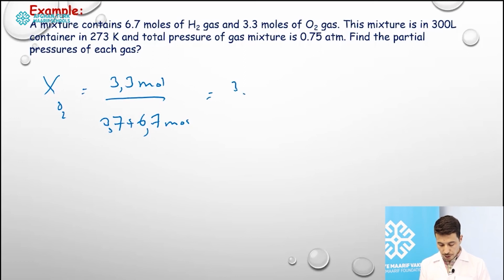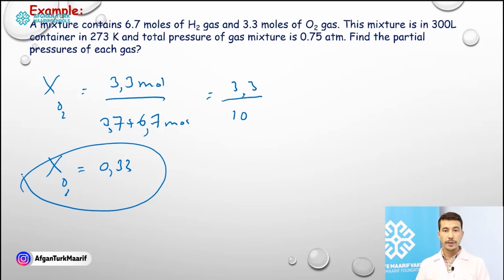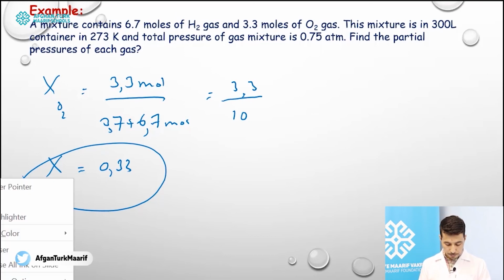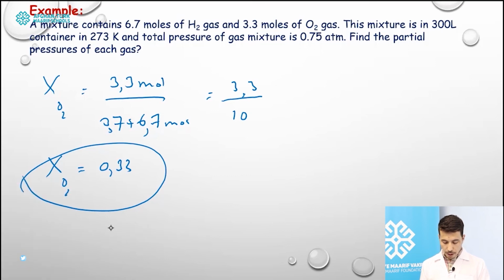So again, 3.3 is in the numerator divided by 10. What will be the answer? The mole fraction for the oxygen is equal to 0.33. Now we have the mole fraction of the oxygen. We can put this value in the equation so we can find the partial pressure for the oxygen.